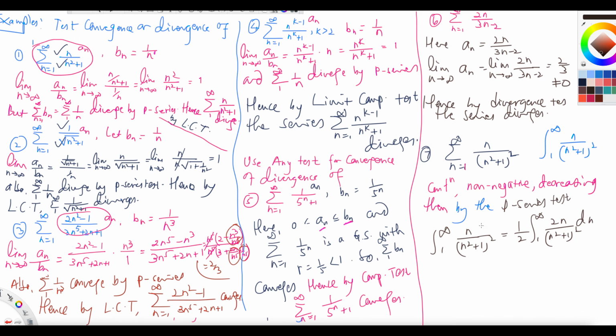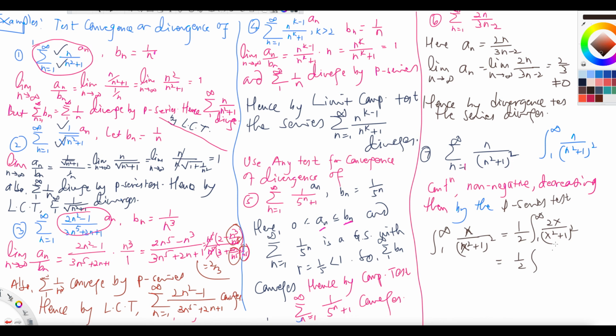Not a problem. Let us do x. I think x is easier than n there. So you can use x over x square plus 1, and then from 1 through infinity you can do 2x over x square plus 1 square. If you set x square plus 1 as u, then you will get 1/2.